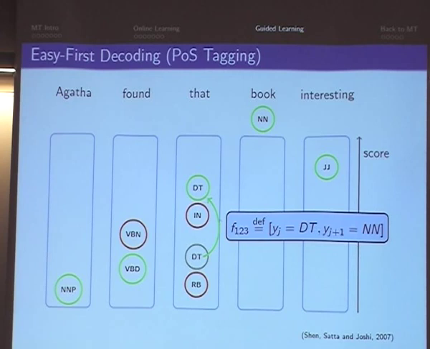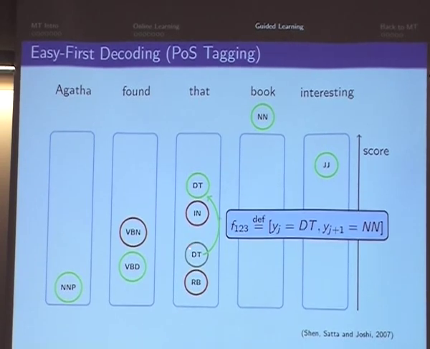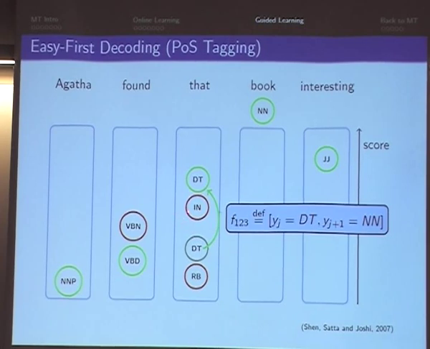And now, what happened here? Here was the hypothesis that it is a determiner, and it had a lower score than the hypothesis that it's a subordinating conjunction. But now there was a feature which says if the current tag is determiner and the following tag is noun, then this feature is 1, and probably this feature had a high weight, so it promoted this hypothesis up.